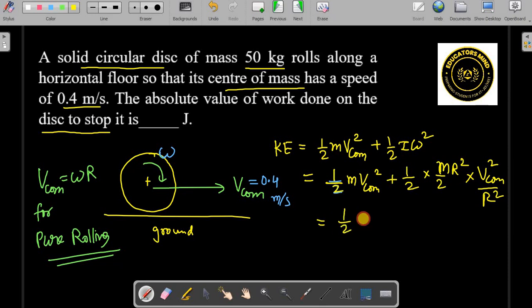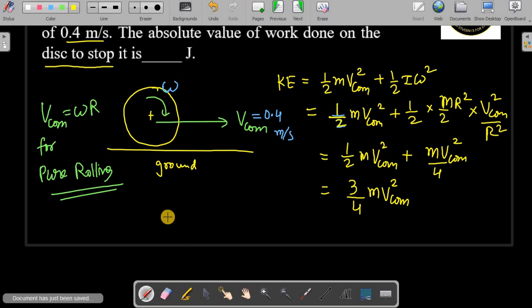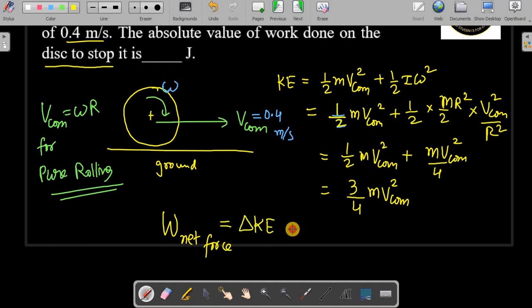This is half m V square plus m V center of mass square by 4. So basically this is 3 by 4 m V square center of mass. That's the total kinetic energy. If it is going to stop, then work done by net force is equal to change of kinetic energy, the work energy theorem. The final kinetic energy is 0, and the initial kinetic energy is 3 by 4 m v square.